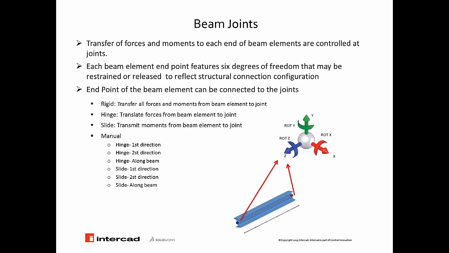You can have a hinge type of connection, where you can simply translate force, but there is no restriction on the rotation, or a slide, which is the vice versa. You also have the option to manually control the interaction of the beams to the other structural members at their joints by attaching the beam elements at that location, with restriction on the first direction, the second direction, or along the beam axis.